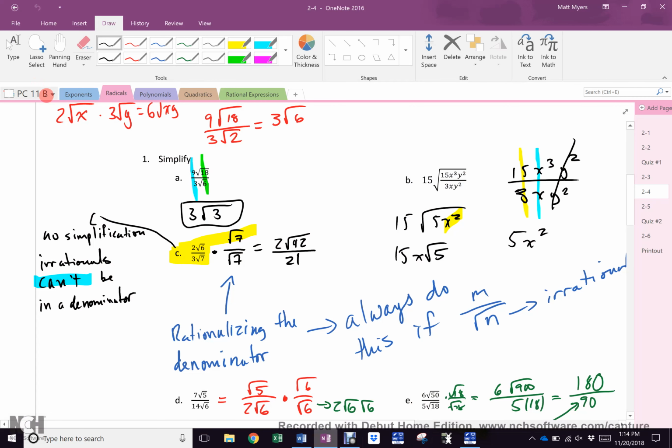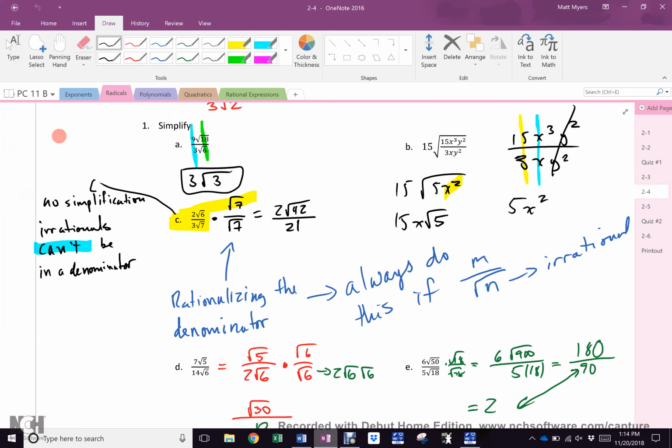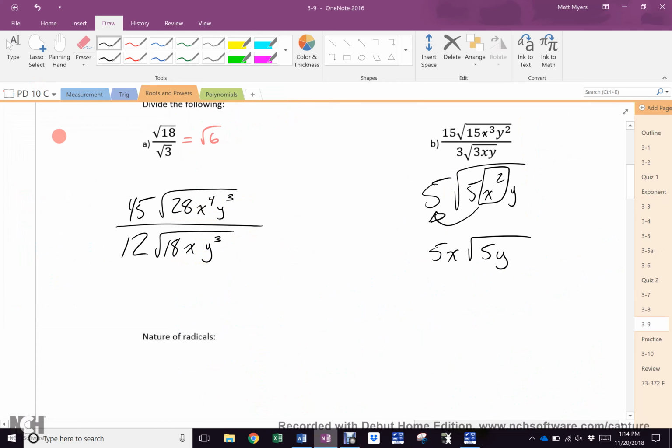Are we ready to go yet? What is one thing you could do right away first, if you wished? Simplify what? Pardon me, Preston? You could do this division, yes?